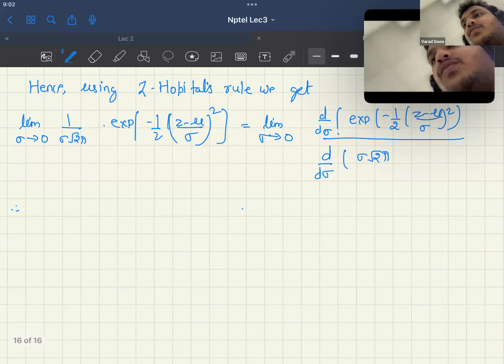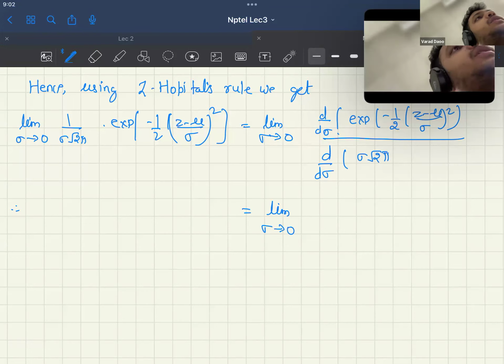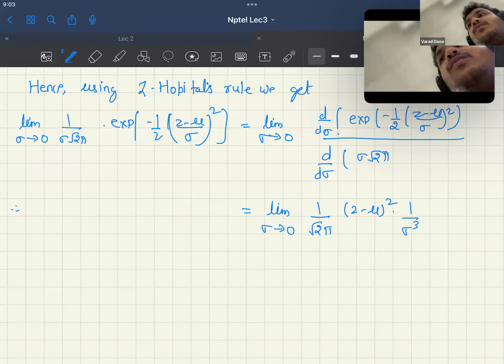Therefore, this is equal to the limit as sigma tending to 0 of 1 by root 2 pi, (z minus mu) square, 1 by sigma cube into exponential of minus 1 by 2 (z minus mu by sigma) square.